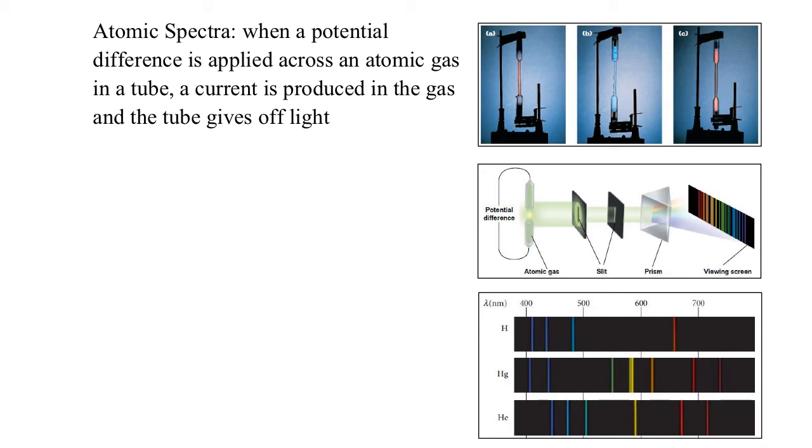Now the light coming out is what was given off. That light was passed through a single slit, so that physically only a small beam of light goes through, which then gets refracted in a prism. And what turned out, this is the amazing part, was that every single atom would produce a spectrum of colors that was unique to it.